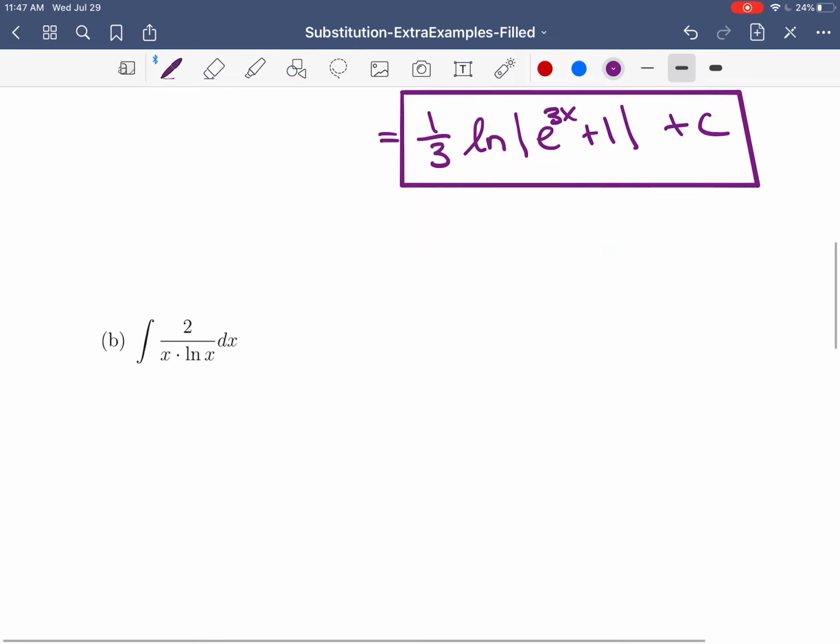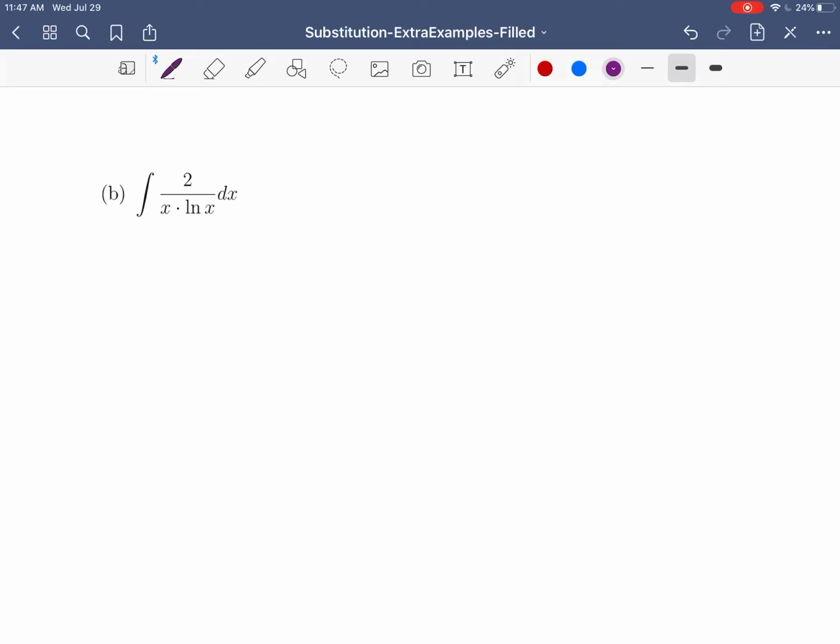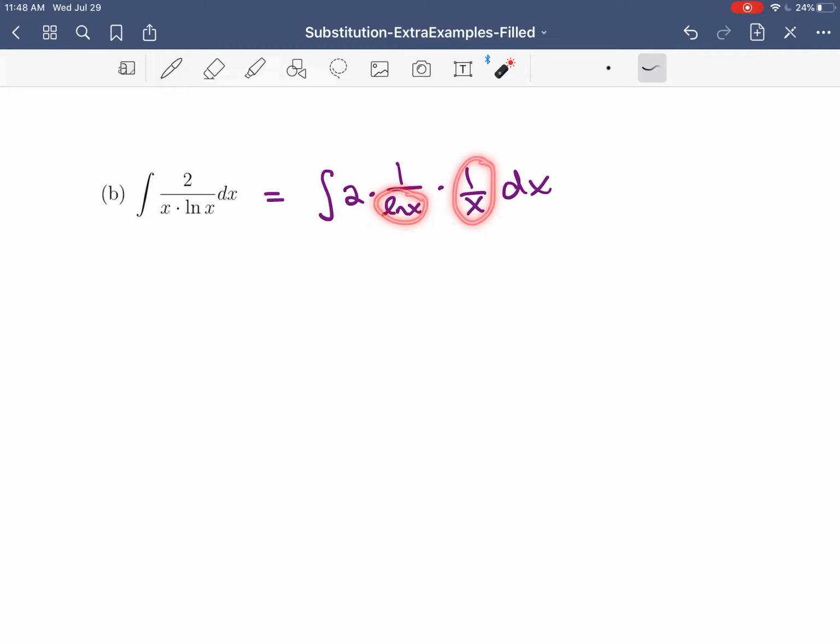Okay, let's try another one. Again, this one is hard to pick my substitution, so I'm going to rewrite it. There's 2 times 1 over ln x times 1 over x dx. I just split all of these bits into their parts. Now I can see that 1 over x is the derivative of ln x.